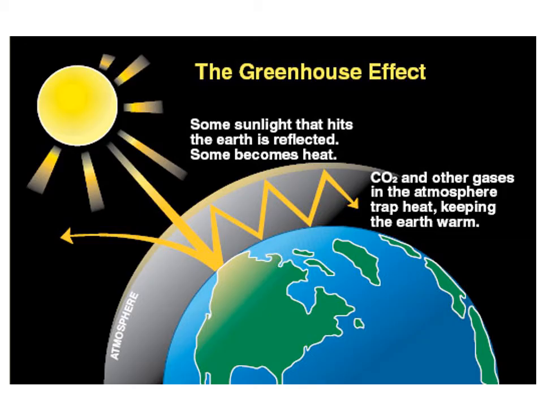So the Earth's atmosphere can function somewhat like the glass of a greenhouse in that it's transparent to light energy, but it is not entirely transparent to heat energy. Some heat energy radiating off of the surface of the Earth goes back into outer space. And that's why the temperature of the Earth doesn't constantly increase.